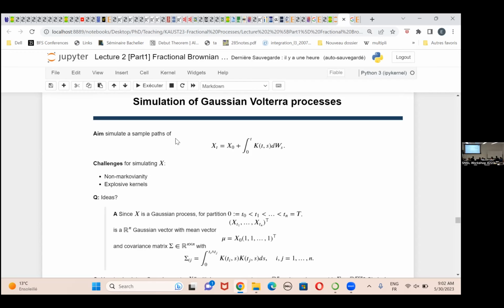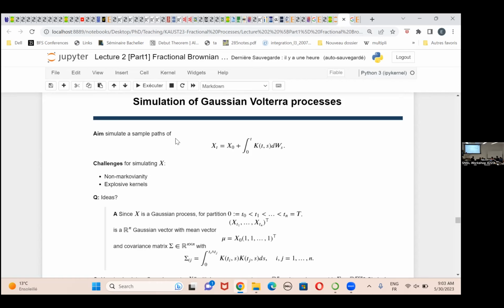Since X is a Gaussian process, you know that this is a Gaussian vector, and you can explicitly compute its mean. The mean of all these is x0 times the vector 1, 1, ..., 1, so a mean vector in Rn, and the covariance matrix sigma, which is n times n, entirely determined by the kernel.